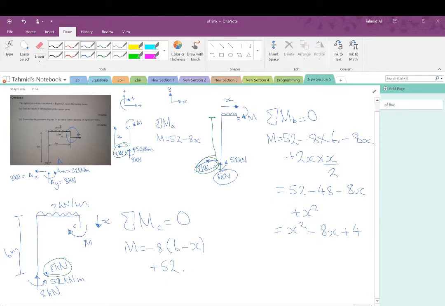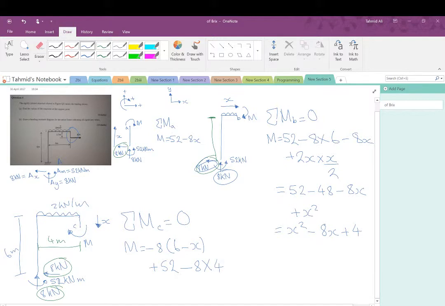It's going to be minus this 8 kilonewtons here, which will always be acting a distance of 4 meters. So this is 4 meters, and that will be consistent as x gets bigger. So this is going to simply be 52 minus 8 times 4.